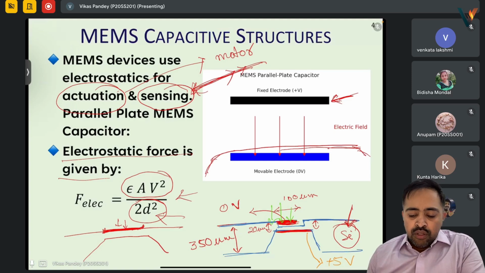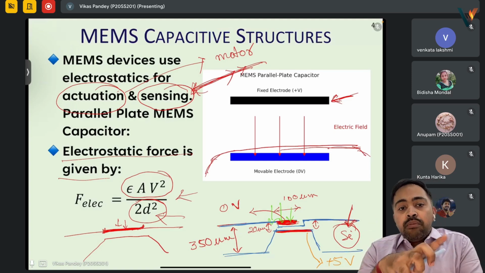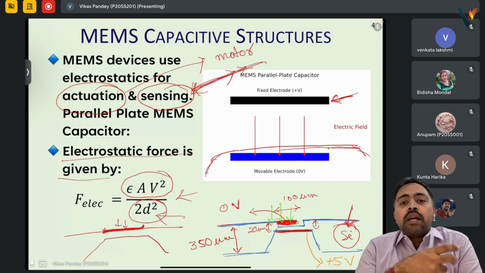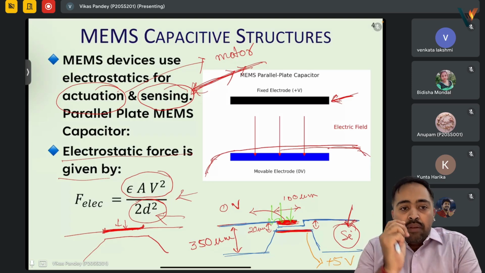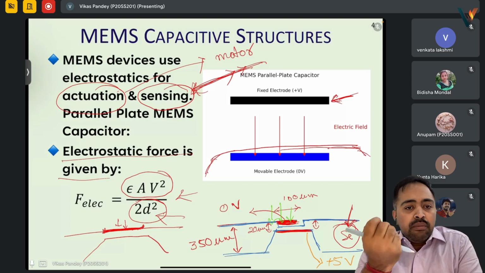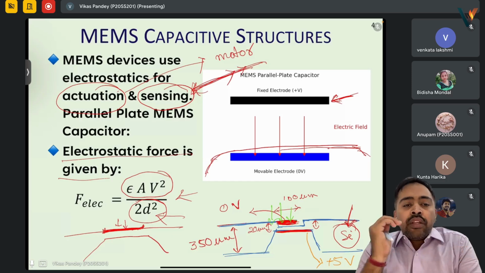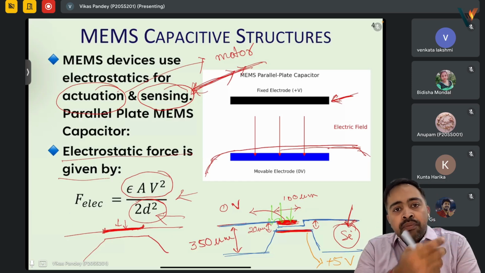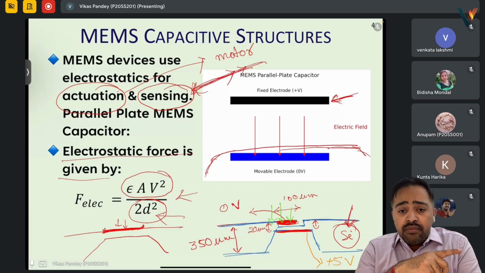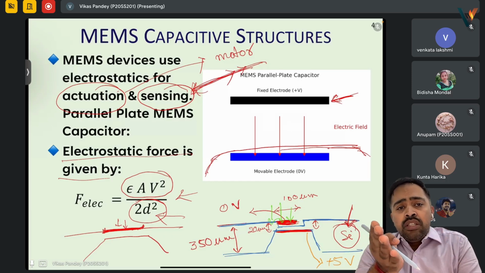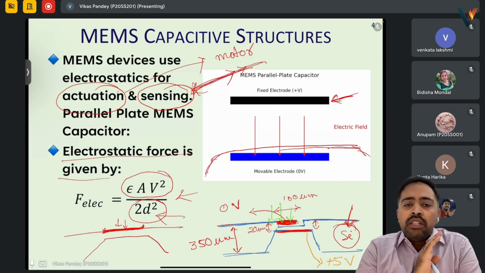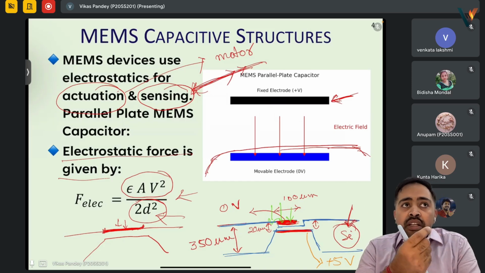Okay. So this is the fundamental of MEMS capacitive structures. A capacitive structure like a parallel plate MEMS capacitor can be used for actuation as well as sensing. So we can make some movement due to this, as well as do some sensing, meaning detecting something.